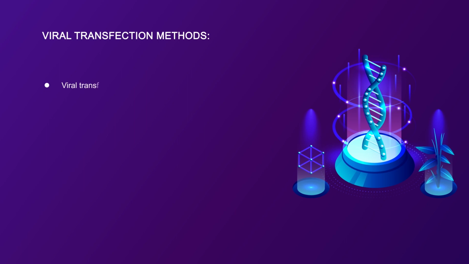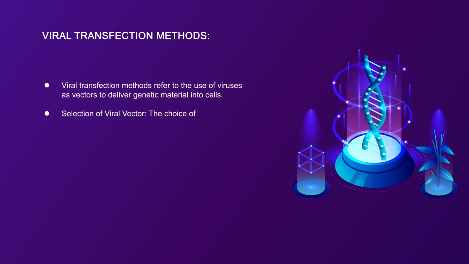viral mediated transfection methods. In this method viruses are used as vectors to deliver genetic material into the cells. Viruses possess a unique capability to enter target cells and deliver their genetic cargo. Some key points about viral transfection methods are mentioned below, beginning with the selection of a viral vector.